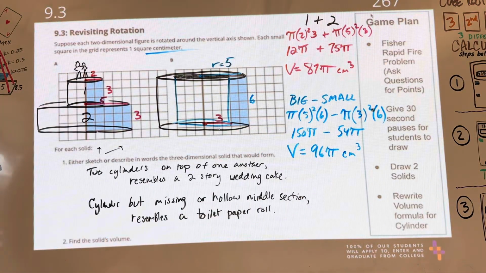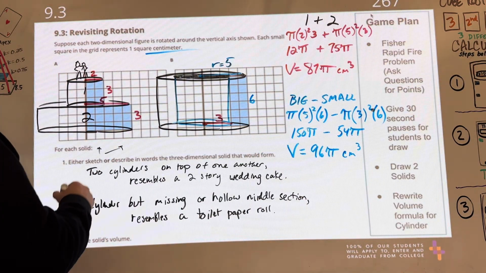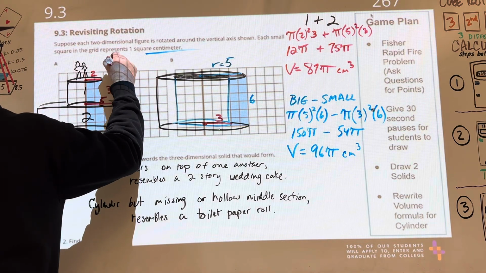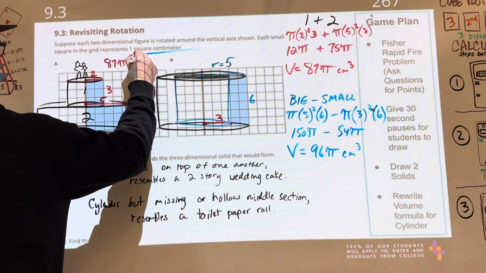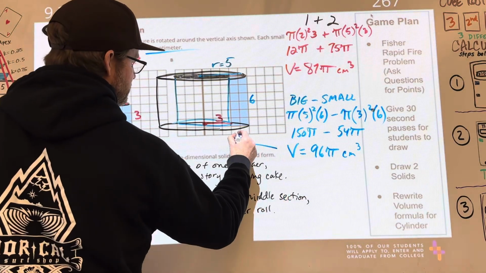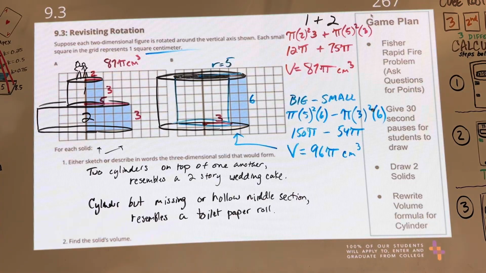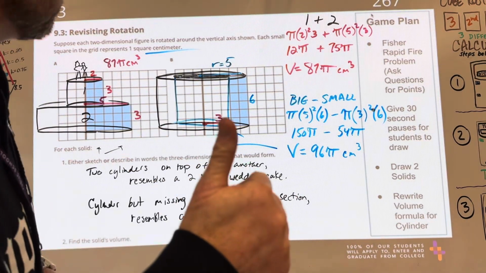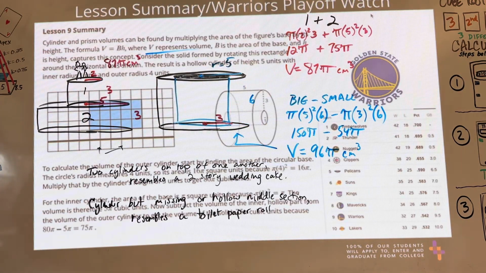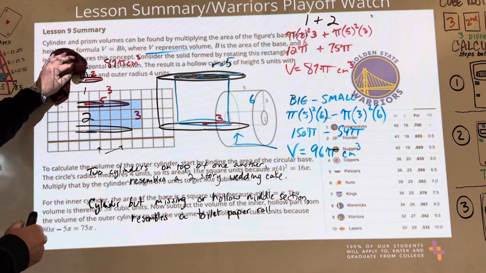So the first one is 87 pi centimeters cubed. The second one is 96 pi cubic centimeters. Third problem done. We're done. Sweet.